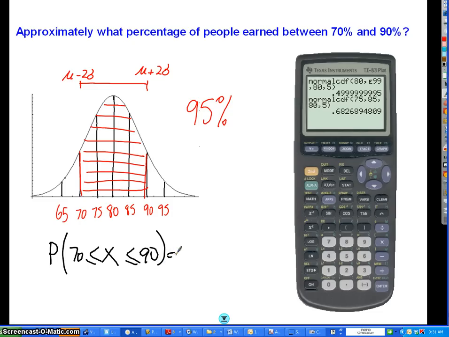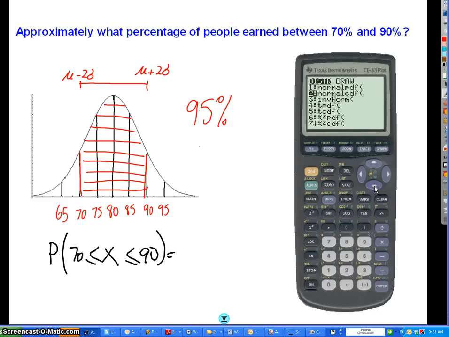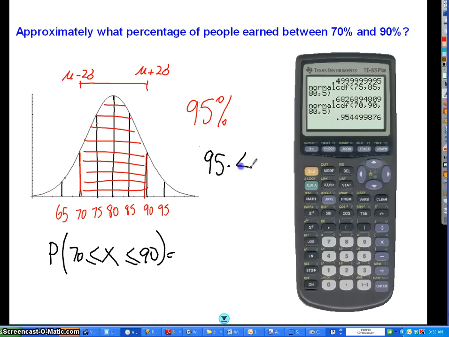So we're going to use our normal CDF, second variables, min, what was it this time, 70, 90, our mean 80, and our standard deviation of 5. Got all that in, 95.4. Okay, there we go, 95 to 3 sig figs on here, we have 95.4%. Or you can just write 0.954, leave it as a decimal, that's fine.